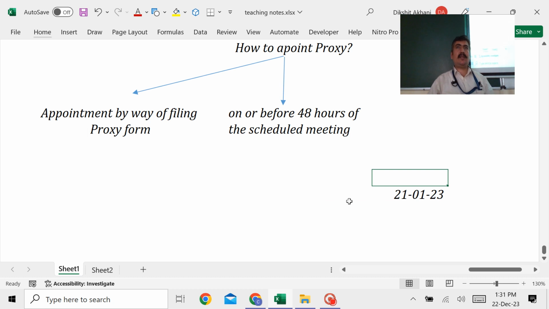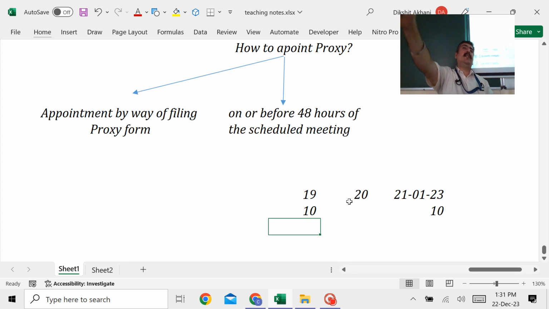Do you understand what I am saying? Time also matters. So 21st at 10 o'clock the meeting is starting, suppose. So on or before 19th 10 o'clock, you have to deposit this proxy form duly signed and stamped by both the parties to the company office to get it accepted.